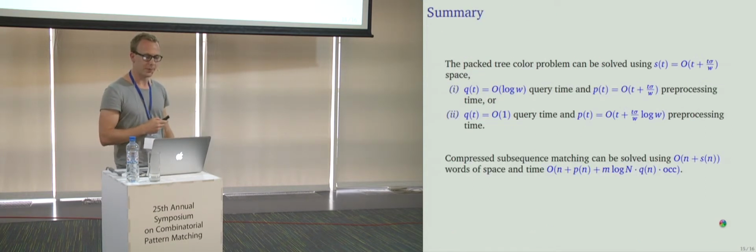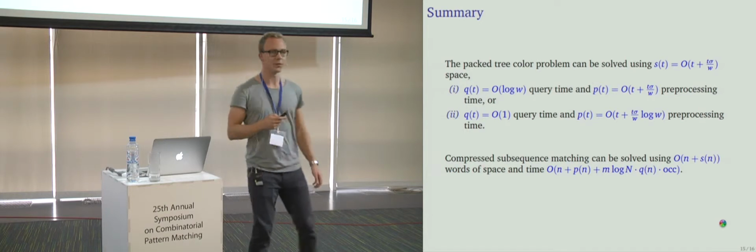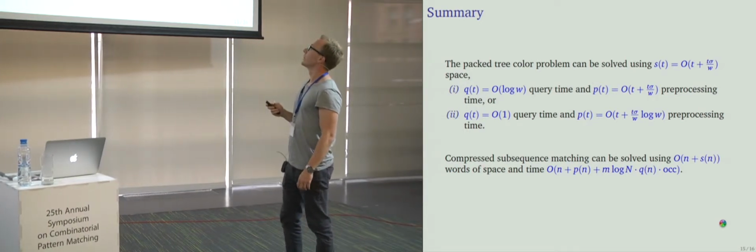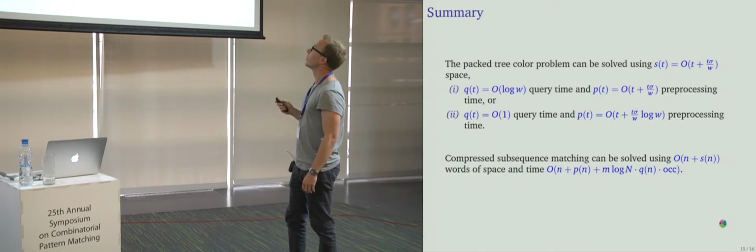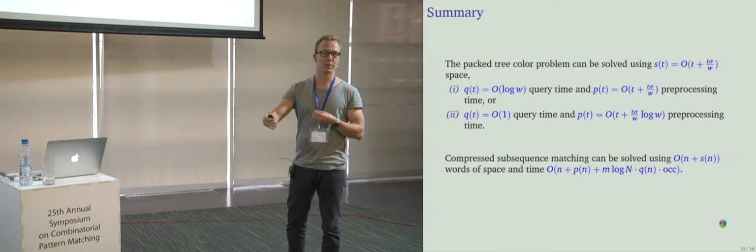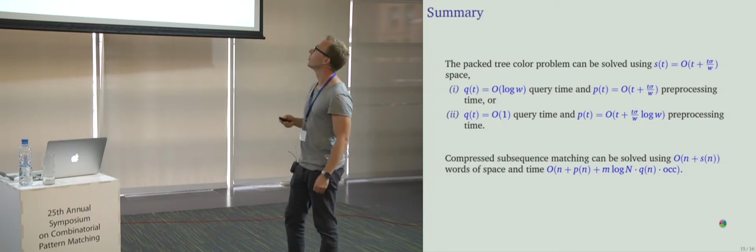Right. So that actually leads me to the end of the talk. The summary is that we have two new data structures for the tree color problem, where, and this I didn't mention before, we assume that the colors of the nodes in the tree are given as bit strings. That's why we call it the packed tree color problem.